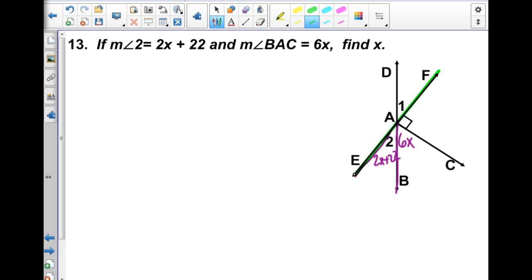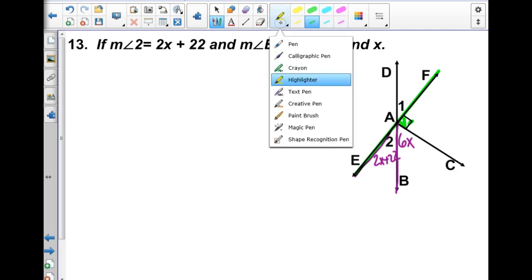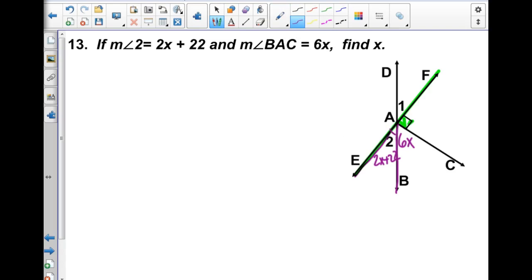So since angle FAE is a straight angle, and there's a 90 right there, what's the angle EAC? It's got to be 90. Which means these are complementary. They make a right angle. So we can add them up. 6x plus 2x plus 22 equals 90 is our equation. And that's by the complements theorem. If two angles make a right angle, then they are complementary.